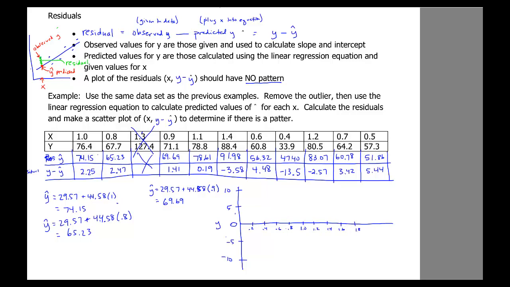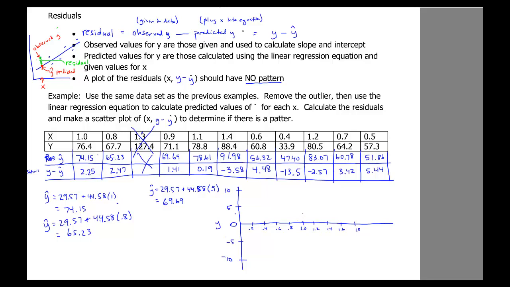You could also plug in the values of the residuals into another list in your calculator, and then have your calculator do a scatter plot just like we did before. But just a quick sketch is fine for this as well. So for x equals 1, the residual is 2.25. So I'll use a different color so we can see these.